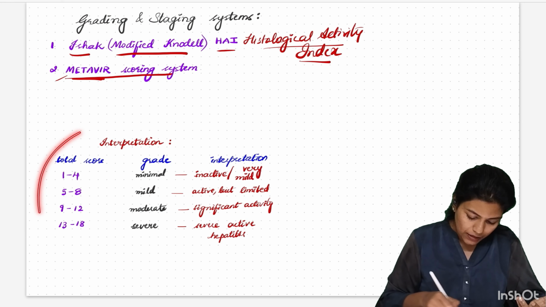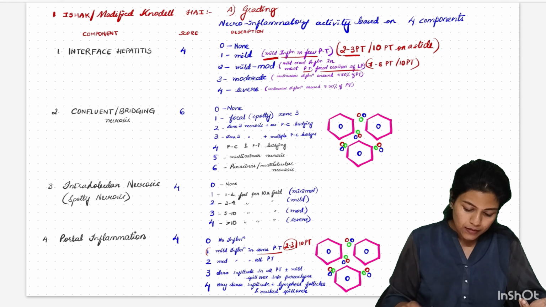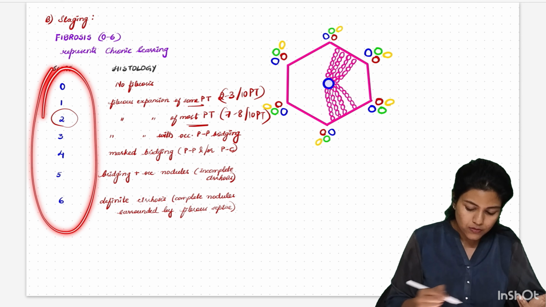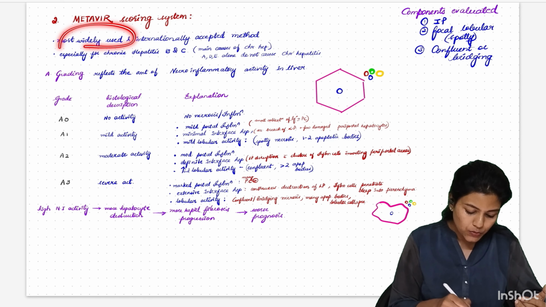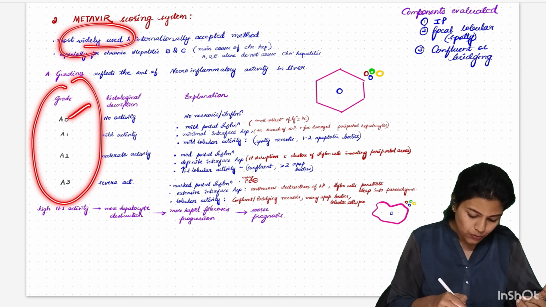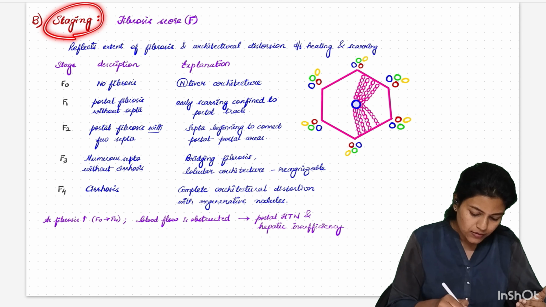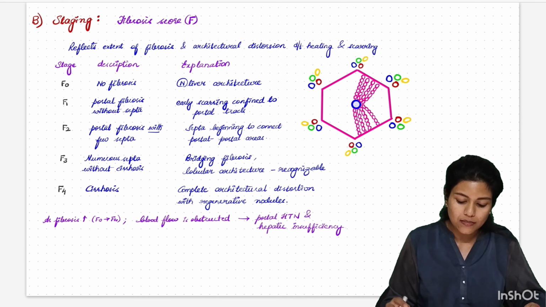That is scored from 1 to 18, and staging, which is reflective of fibrosis, is given a score from 0 to 6. In METAVIR, which is the most widely used, there are grades from A0 to A3, and again the staging system, that is fibrosis, is given a score from F0 to F4. This is about the grading and staging systems for chronic viral hepatitis.